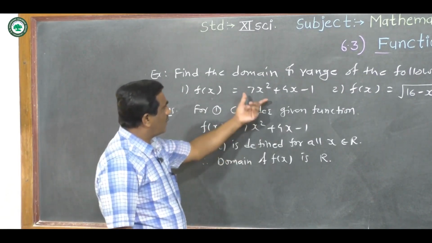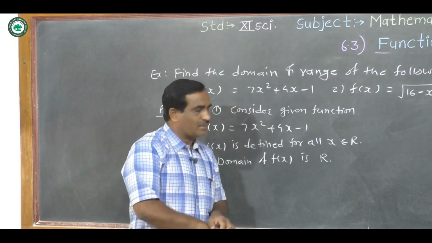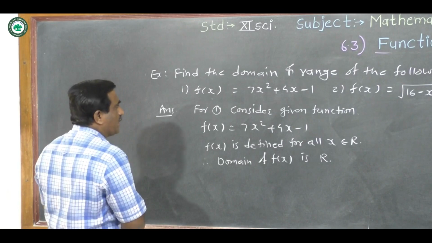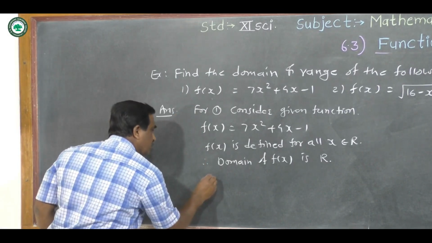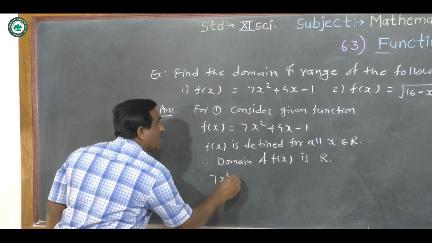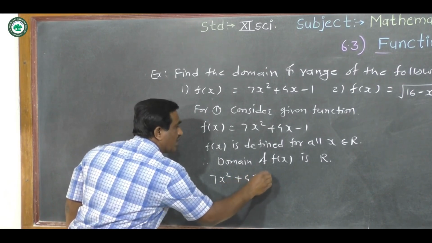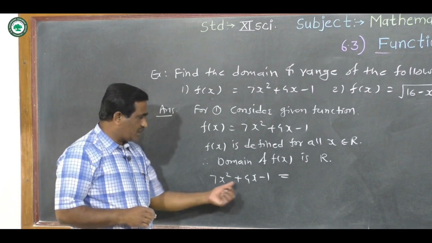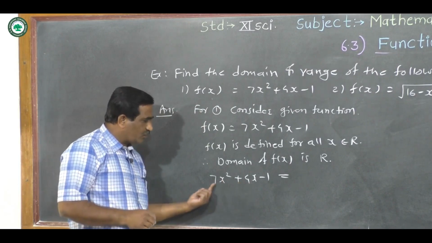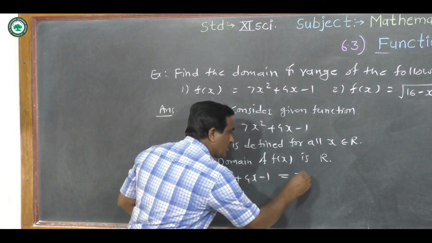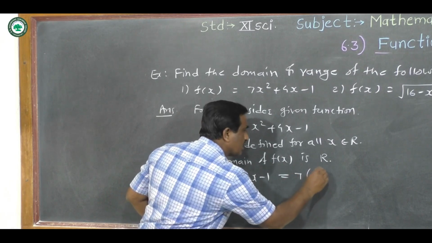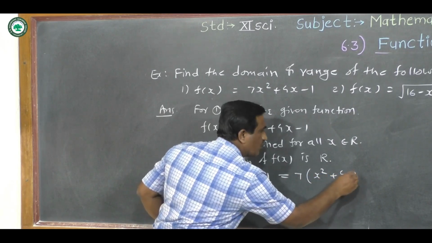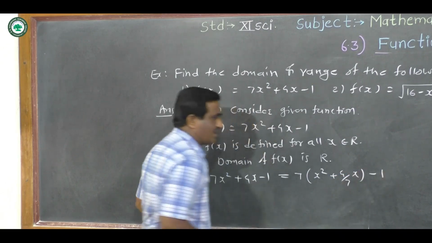Now consider this equation 7x square plus 4x minus 1, and we can adjust this function like this: 7x square plus 4x minus 1 equal to, by taking 7 common from these two terms, 7 into in bracket x square plus 4 by 7 into x, minus 1 as it is.